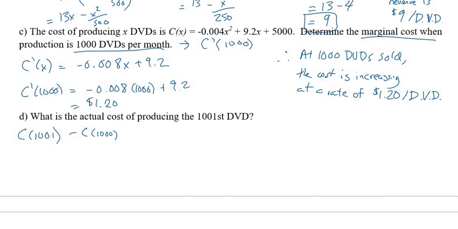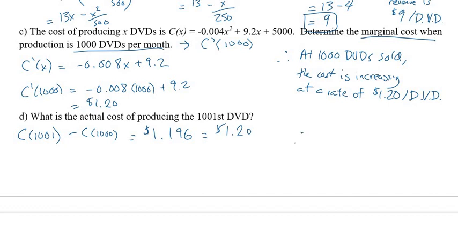If you do that correctly, you should get something like 1.196, which we can round up to $1.20. So we're just going to plug in 1,001 into our cost function from part C, plug in 1,000, and we get about $1.20.